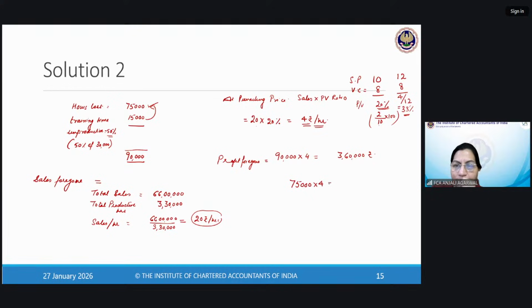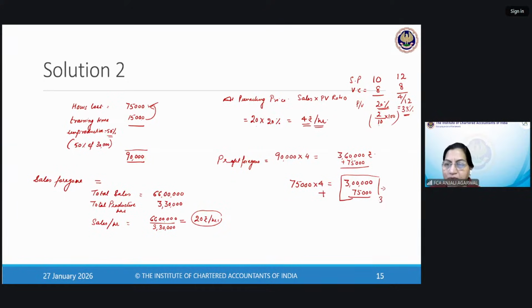75,000 into 4, 3 lakh. Profit foregone due to delay in filling vacancies, plus additional 75,000. You will add them separately, okay? Recruitment cost, settlement cost, all this. So either your answer is 375 if you assume that this 15,000 is a part of this 75.